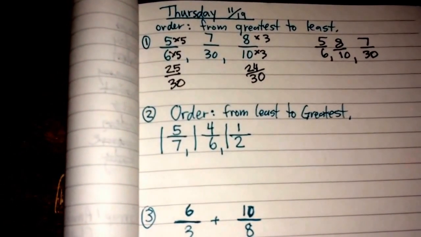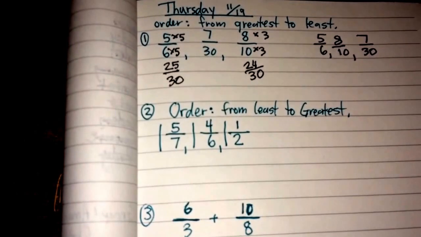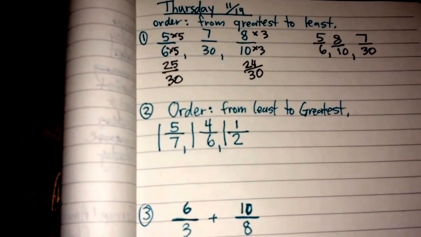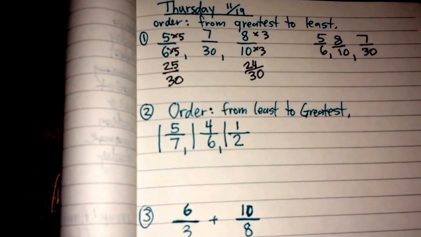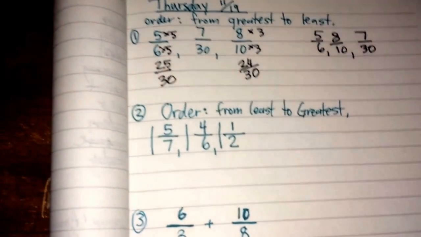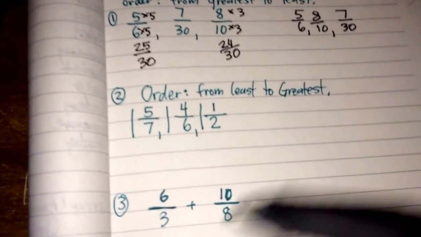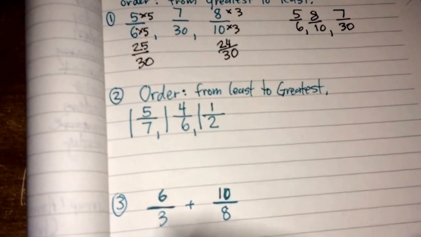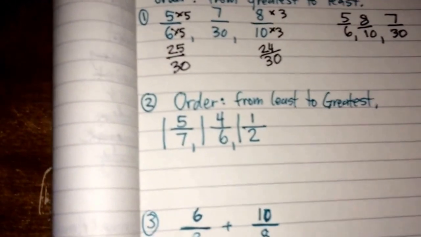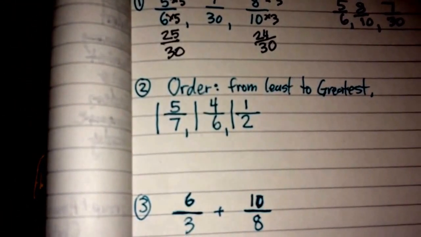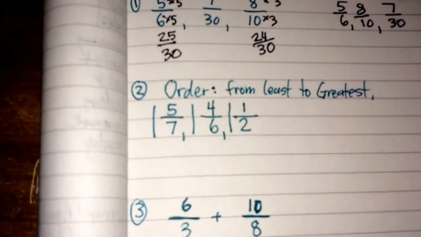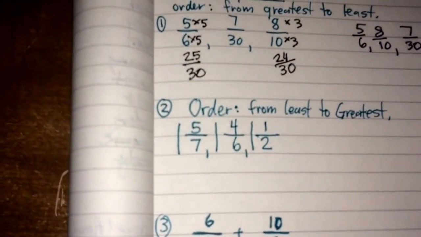Because the whole number is going to give you a pretty good clue of which one was larger, right? Because if you have 3 wholes, that's obviously larger than 2 wholes, which is obviously larger than 1 whole. But in this case, we have all the same whole, so we need to turn them into improper fractions and then find a common denominator to help us picture this a little bit better.